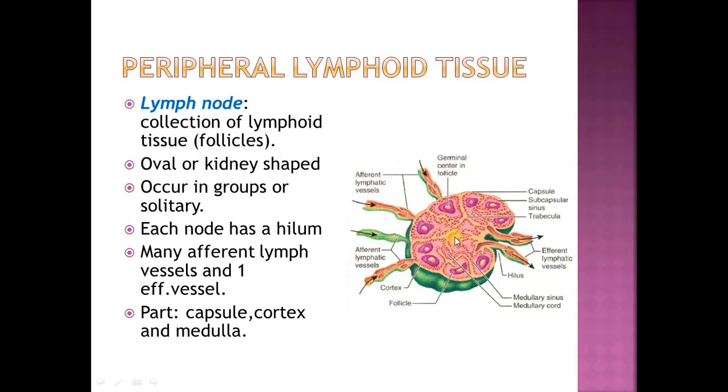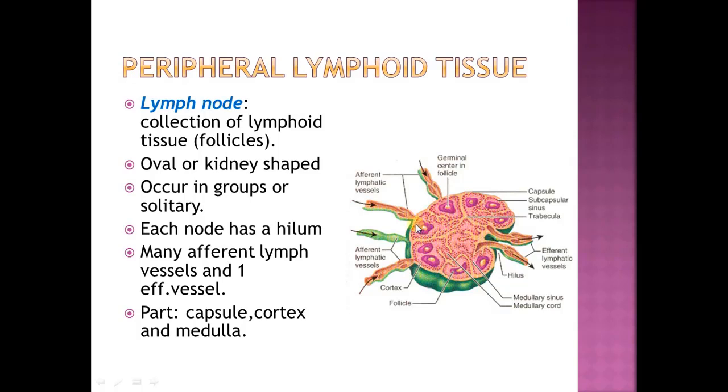Then we have the medulla. If you look at a follicle, at the center it is pale because it is called the germinal center. The germinal center is the active site of lymphocyte production. The lymphocytes divide from lymphoblasts and produce mature lymphocytes.